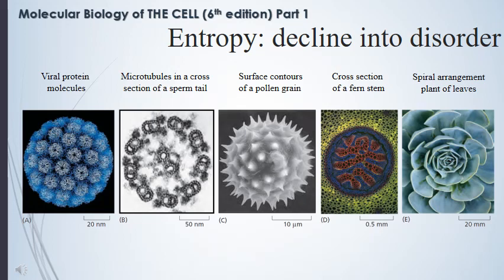We have the cross-section of a fern stem, and we have a spiral arrangement of plant leaves. And if you'd like to learn more about that particular structure, please go and search for the Fibonacci sequence. Just if you're interested, it's just fun.